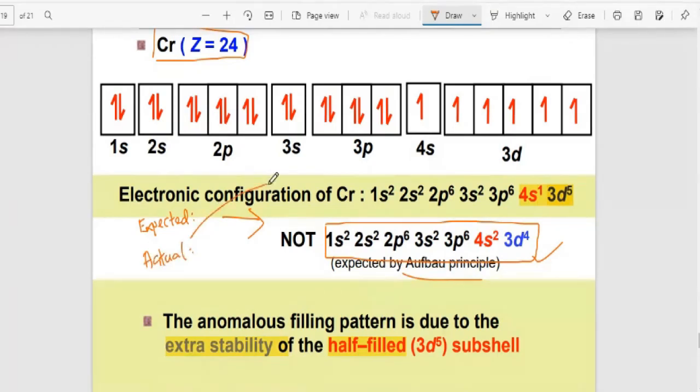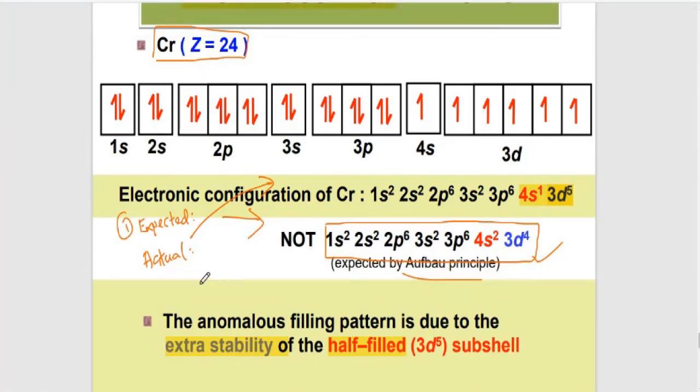Actual is this one. So first you have to write down the expected electronic configuration first. Then followed by actual. Then you have to explain: one of the electrons from the 4s orbital is promoted or transferred to the 3d orbital to become a half-filled 3d subshell because it has extra stability.